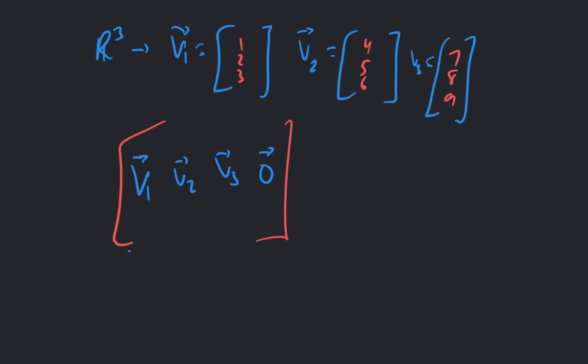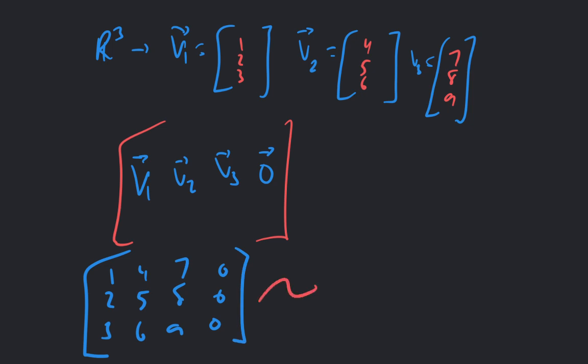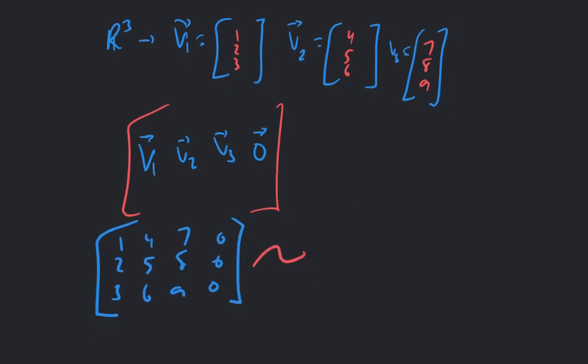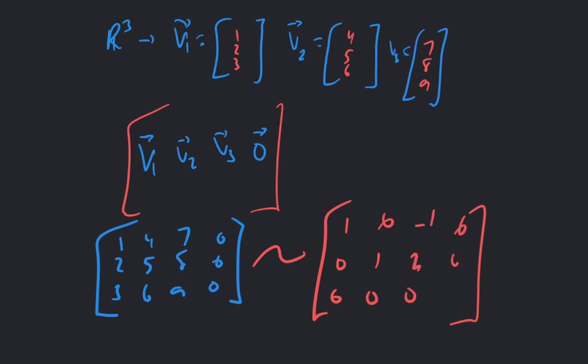So when we write this out, we get 1, 2, 3, 4, 5, 6, 7, 8, 9, 0, 0, 0. And then we're going to row reduce it. I'll leave that as an exercise for the viewer. But we get 1, 0, 0, 0, 1, 0, minus 1, 2, 0, 0, 0, 0.